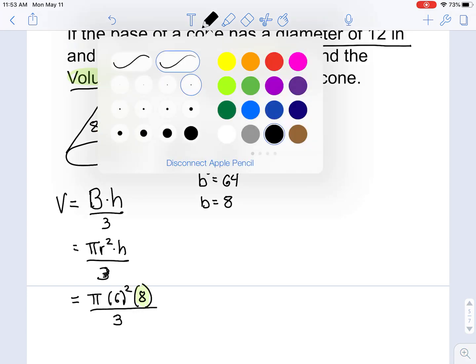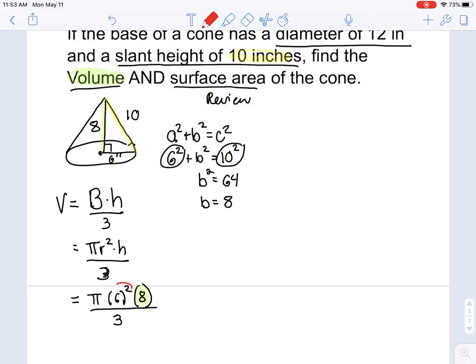And then we're going to divide by 3. Again, you can do your simplifying in a couple of different ways. 6 squared is 36. 36 divided by 3 is 12. And 12 times 8 is 96. So my volume is 96 pi. And volume, remember, is in inches cubed.